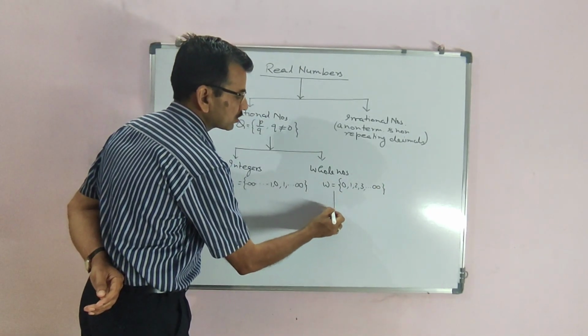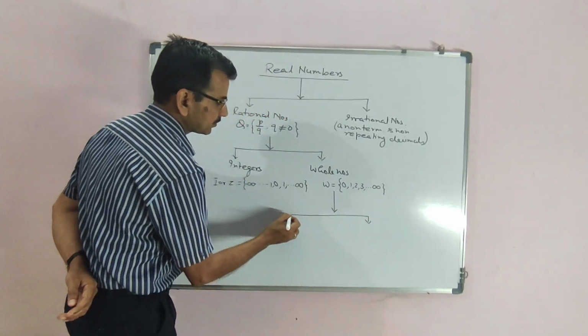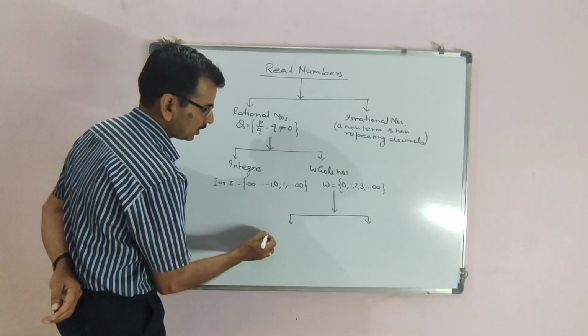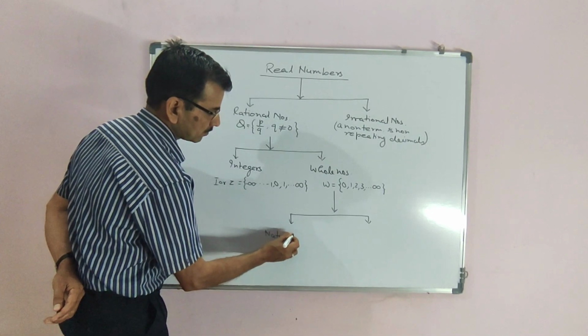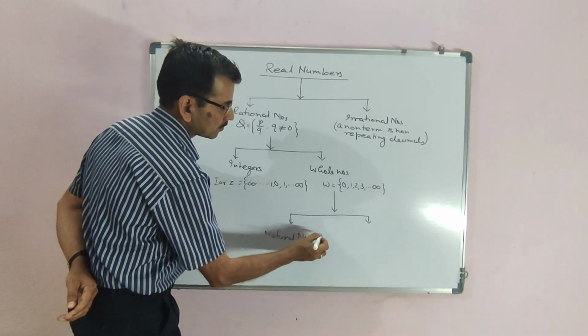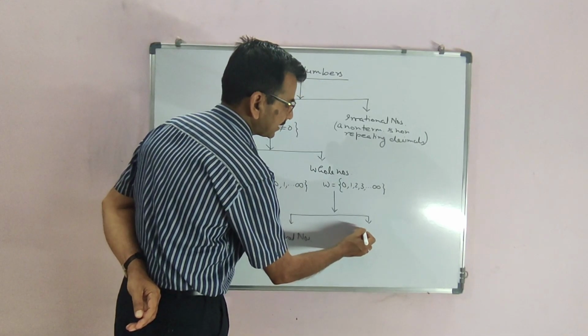Now this whole number set we can also write as a combination of natural numbers and zero.